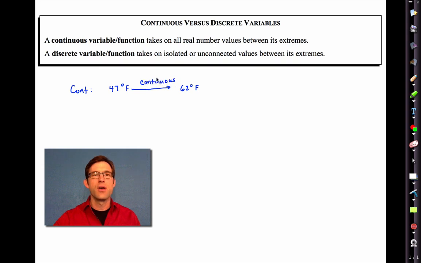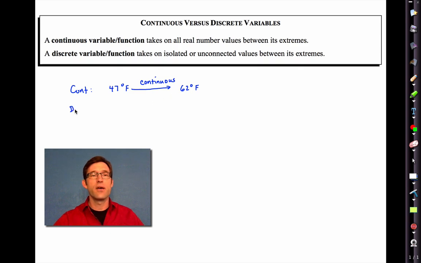In other words, we can't skip 55 degrees Fahrenheit. We can't go from 47 right up to 62. We're not going from 47 to 48 to 49 to 50. We're going from 47 to 47.1 to 47.2, and it's even more than that. We're going through every real number between 47 and 62.